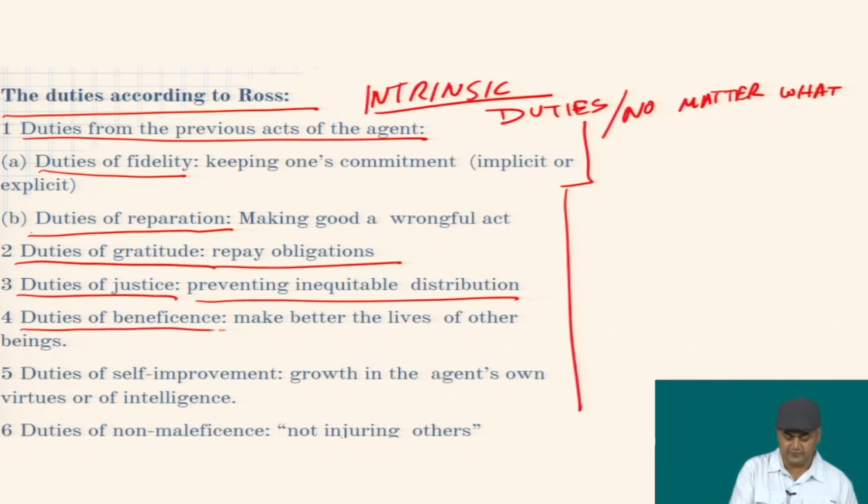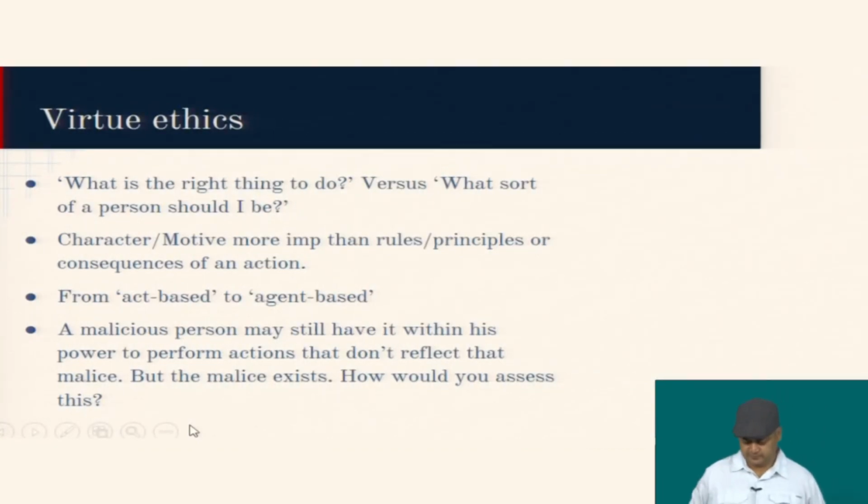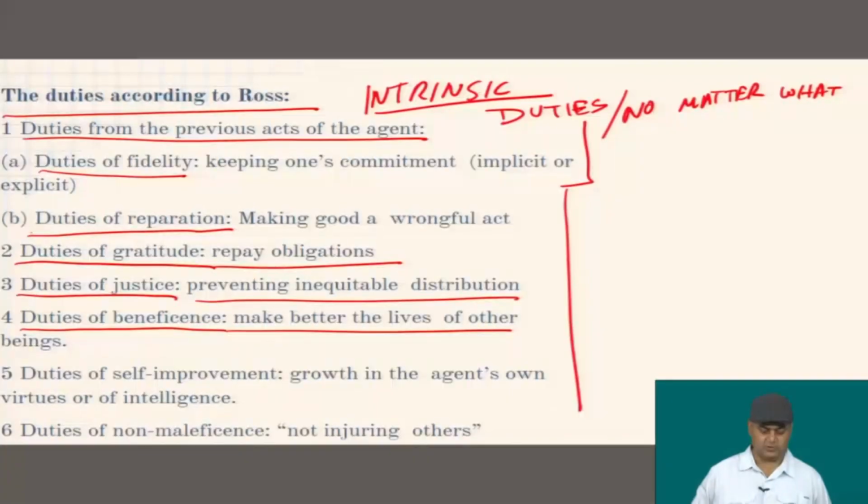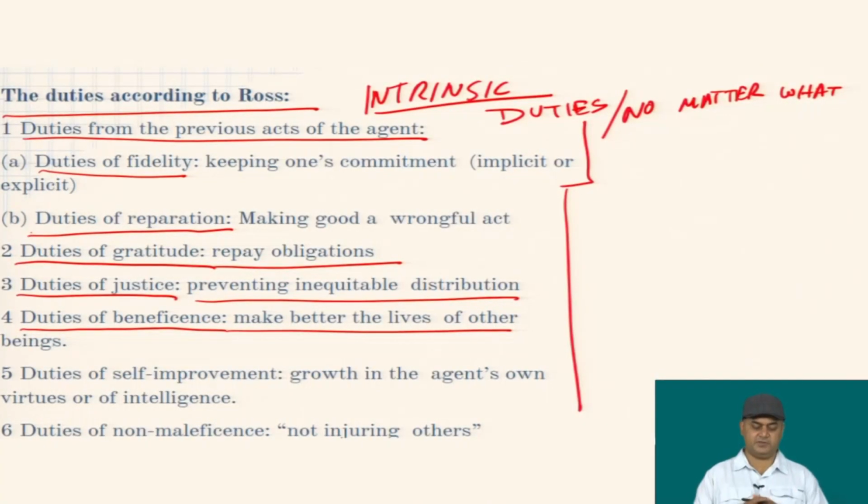Duties of beneficence, or make better the lives of other beings. So, how can you affect and help make better the lives of others. Then there are the duties of self improvement, that is, how do you cause your own growth in the agent's own virtues or intelligence, right.